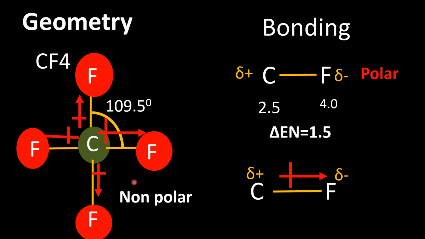Although the bonding is polar because of the electronegativity difference, if you look at the geometry, overall carbon tetrafluoride is a non-polar molecule because the dipole moments cancel each other. So the net dipole moment is 0, and this molecule is a non-polar molecule.